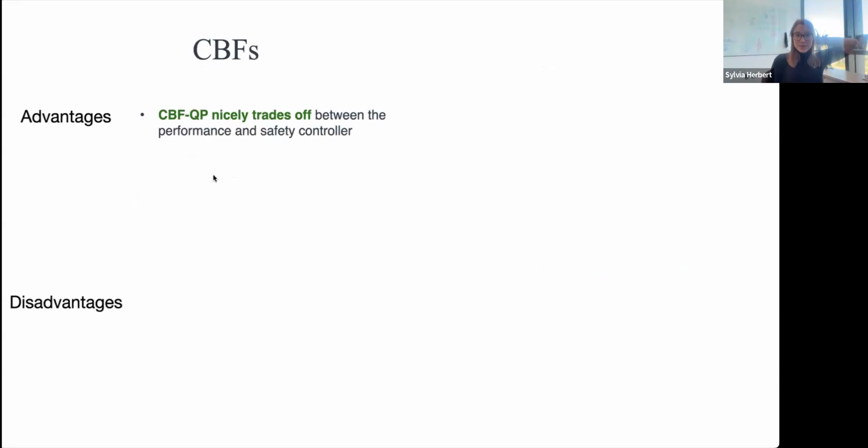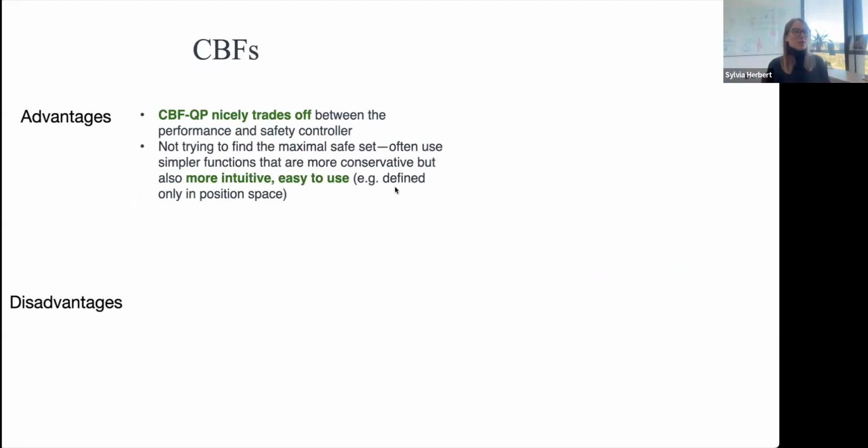So the CBF-QP nicely trades off between the performance and the safety controller through this exponential curve. One thing that I used to think was a disadvantage, but now I understand the advantage of, is that it's not really trying to find the maximal safe set. You often use simpler functions that are more conservative, but also more intuitive and easy to use.